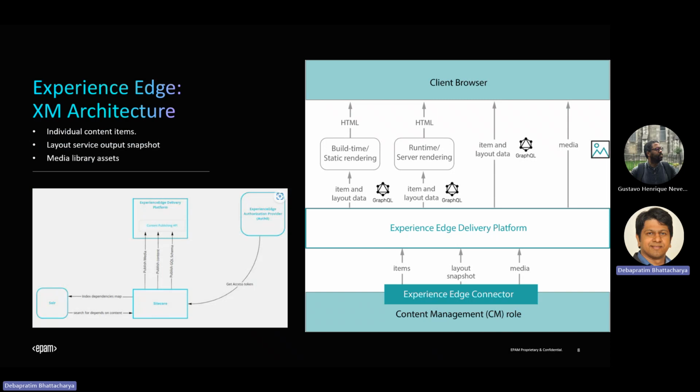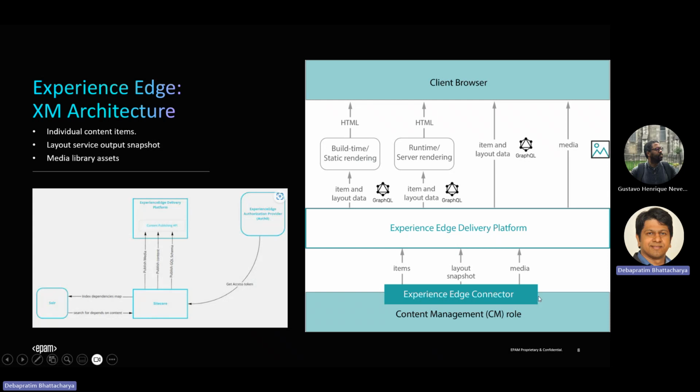We will head on to the Experience Edge XM architecture. Now, as you see in an Experience Edge XM architecture, to a content management server, you would see a specific connector being installed as well. That is the Experience Edge connector.